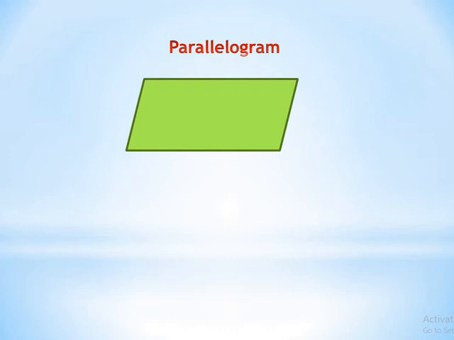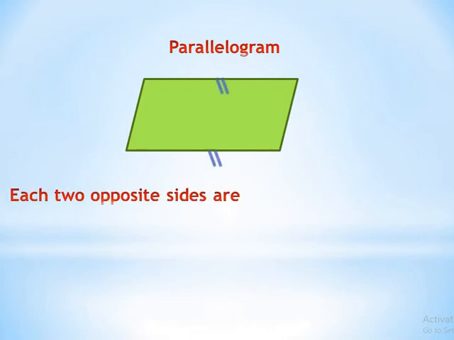So the properties, number one, what about the sides? Each two opposite sides are equal. This sign means equal: one slash here and one slash here means the two opposite sides are equal in length.